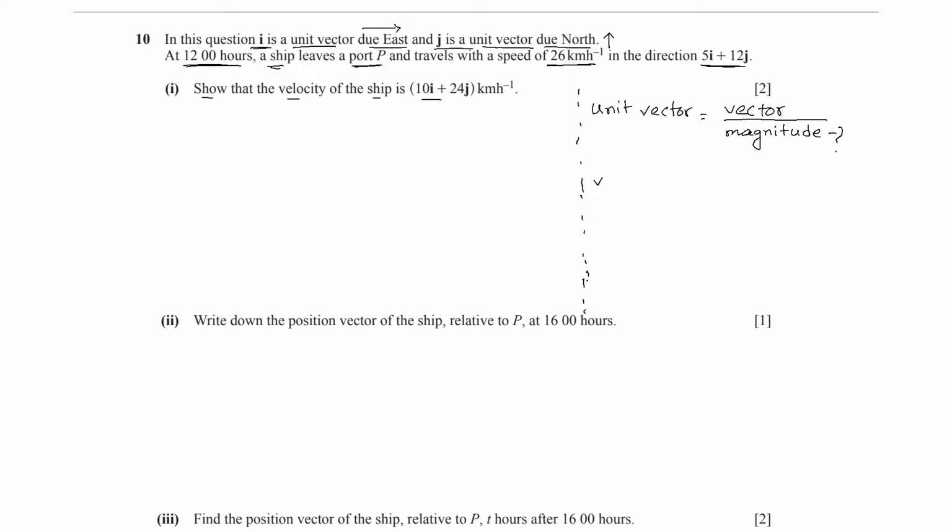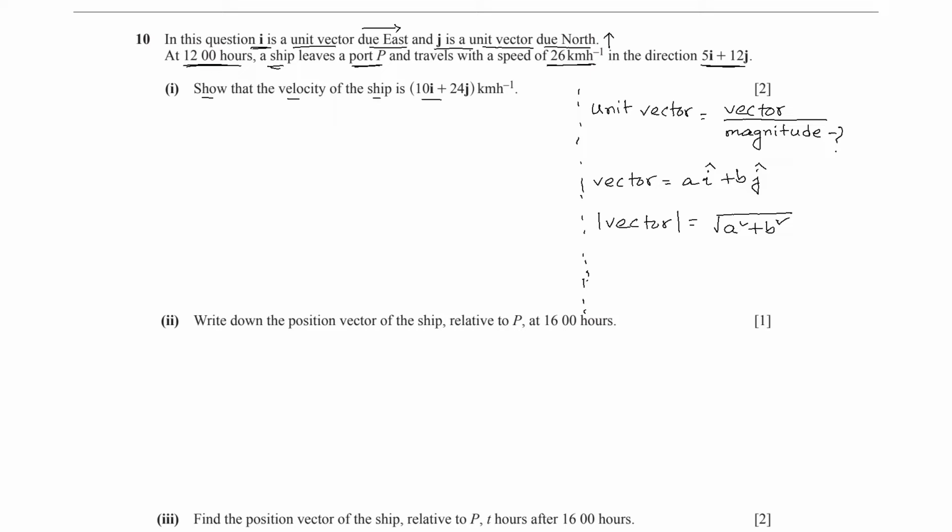Let's say that we have a vector ai plus bj. Then the magnitude of that vector, which we can keep inside the modulus sign, would be the square root of a squared plus b squared.